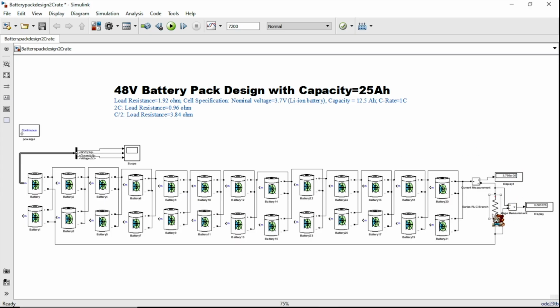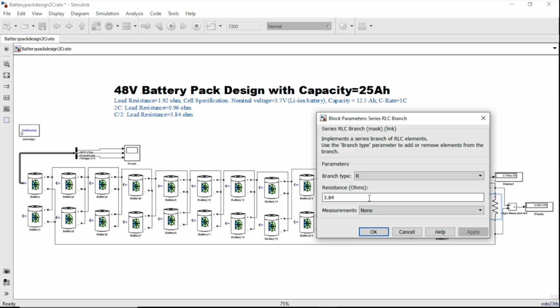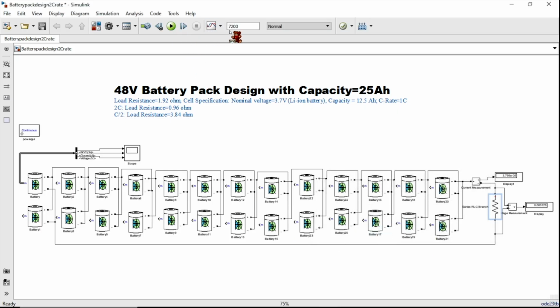So I am going to the RLC series branch. Here I am taking 3.84 ohm and just apply, and then I am taking the stop time as 2 hours, meaning 7200 seconds.